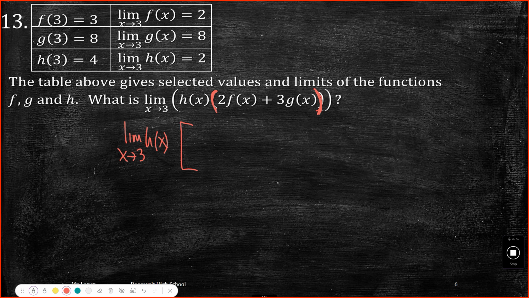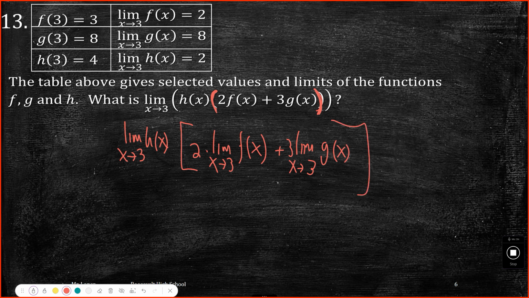And then I'm going to go 2 times the limit as x approaches 3 of f of x plus 3 times the limit as x approaches 3 of g of x. This is okay, and this is just another way of writing it. I like this better the way I'm writing it. You don't need to put anything outside or nothing. You don't have to do all this after. That's good enough.